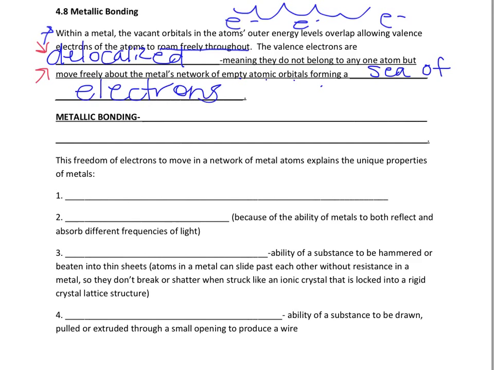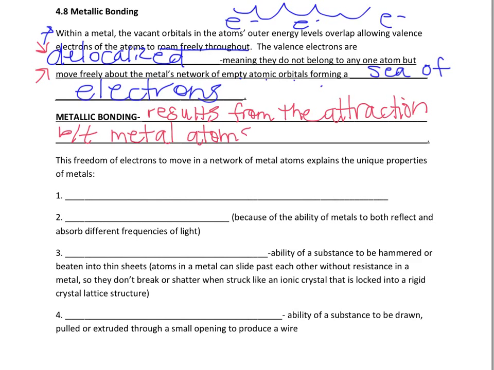So metallic bonding then results from the attraction between metal atoms, and remember that 75% or more of the periodic table are metals, the left and the middle, between metal atoms and the surrounding sea of electrons.